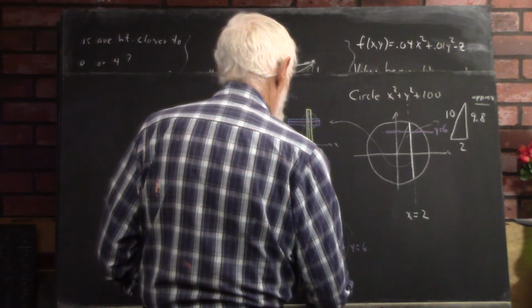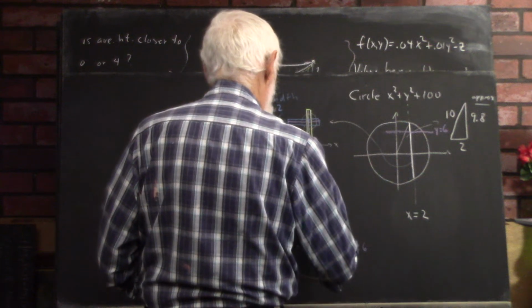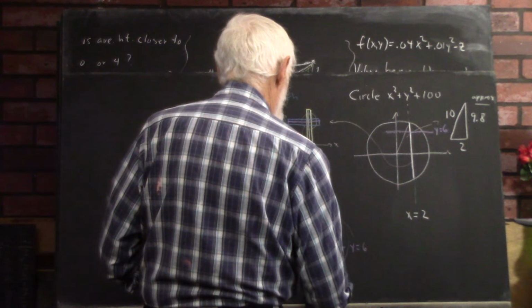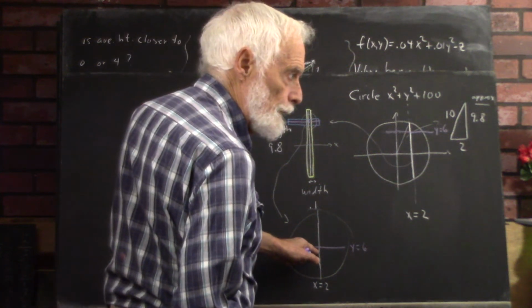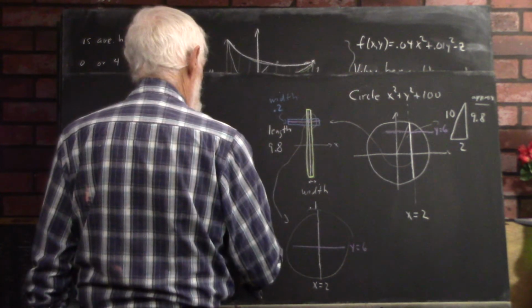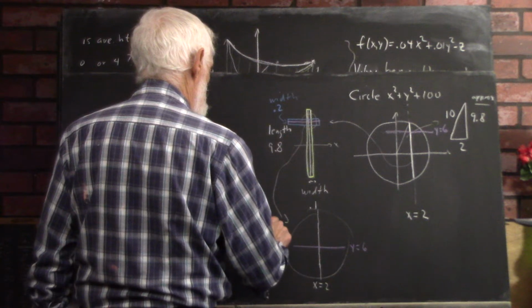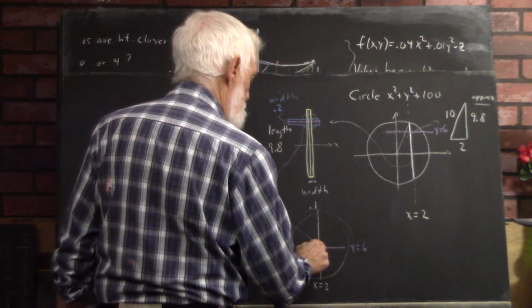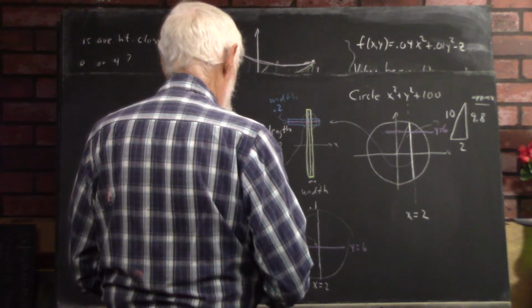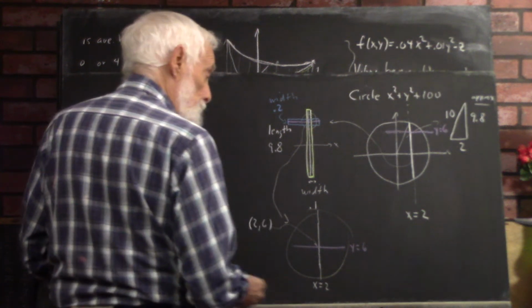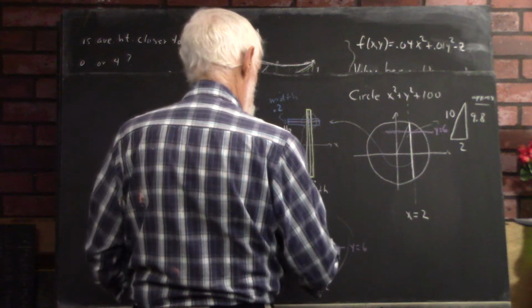This line is the x equals 2 line. So the coordinates of this point are 2, 6. Then we have the region around this line.